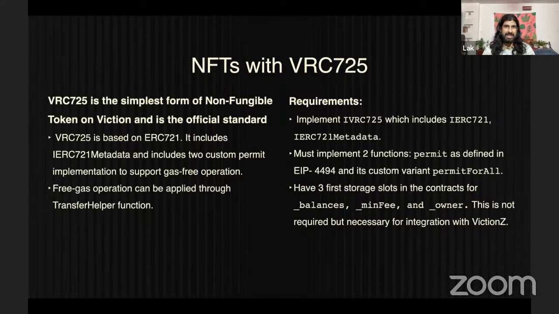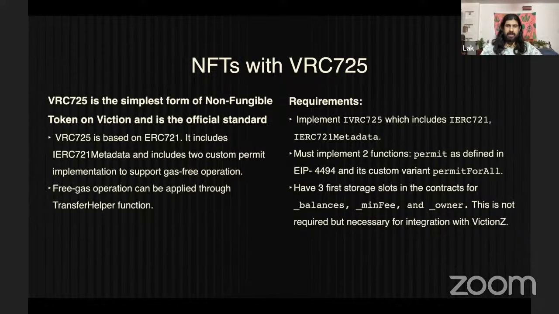The permit extensions required by VRC725 are sufficient for any gasless protocol to work with. The gas-free operations are applied through the transfer helper function, which is integrated with VRC25. There's no need to go through the Viction issuer like you do with VRC25. You just need this transfer helper function.